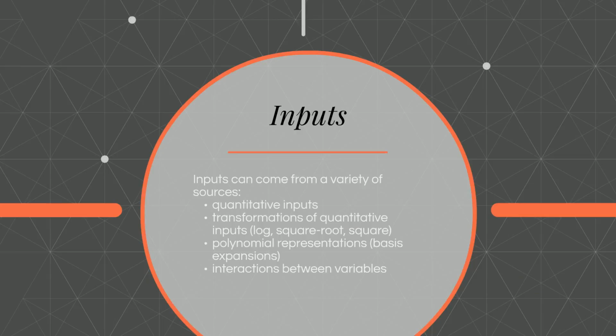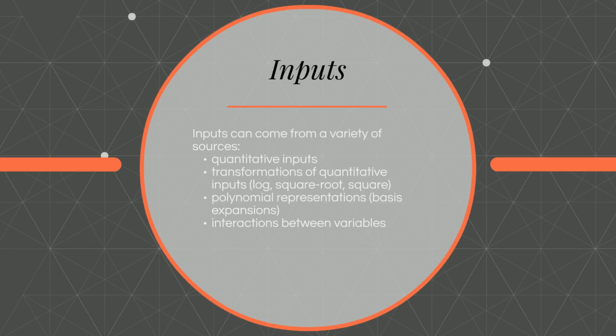So we're also going to have inputs, and these inputs can come from a variety of sources. Previously, we've looked at just the example of quantitative inputs where it's directly coming from our training data. However, we can also have transformations of quantitative inputs such as the log, square root, or square, polynomial representations such as basis expansions, and we can also have interactions between variables.